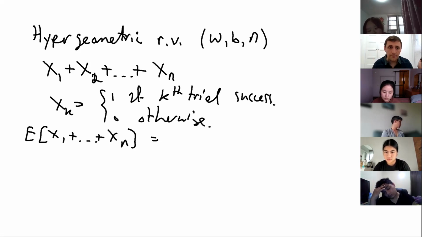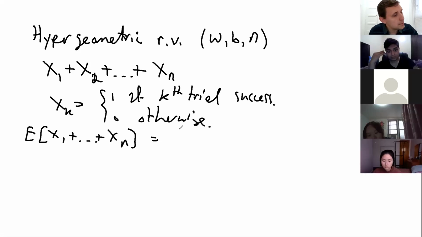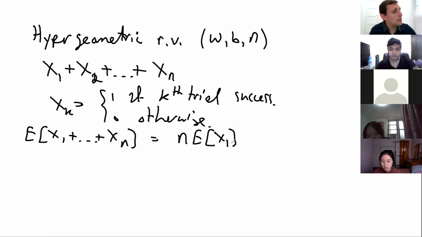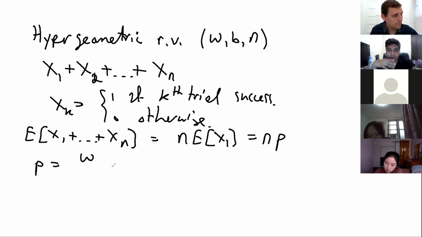Why? Yes? So this is the same as simply n times the expected value of x1. Now, that is the same as n times the probability p. But what is probability p? P is the probability of success. We have W successful outcomes over W plus B total outcomes. In other words, the first ball I can draw, it can be any one of W plus B balls.